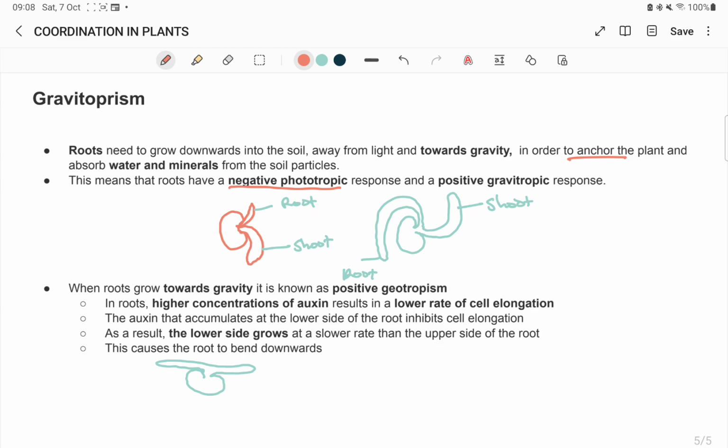Gravity will affect the auxins and pull them to the lower side. So the auxins will be pulled to the lower side. In the roots, auxins inhibit cell elongation, which means it lowers the growth rate of the lower side for the roots.